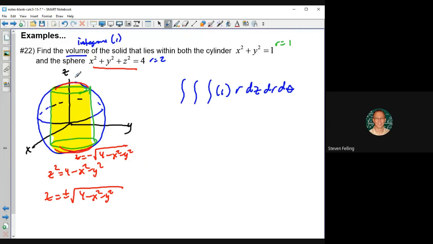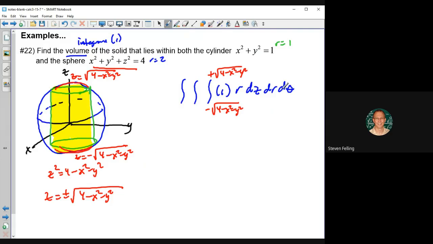And then the top curve is going to be z equals positive square root of 4 minus x squared minus y squared. Okay, so I could go ahead and write that. Let me just write that like that. We have negative the square root of 4 minus x squared minus y squared to positive square root of 4 minus x squared minus y squared.